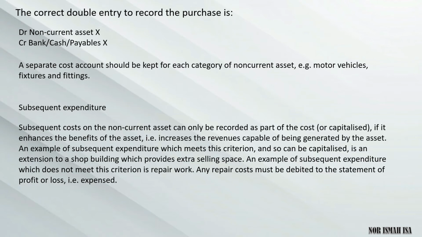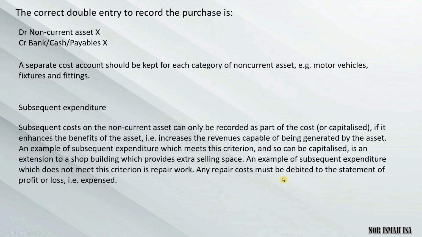Another one you need to know: an example of subsequent expenditure which does not meet this criteria is repair work. For the building, for example, any repair cannot be considered capital expenditure, because this is routine maintenance for the building.